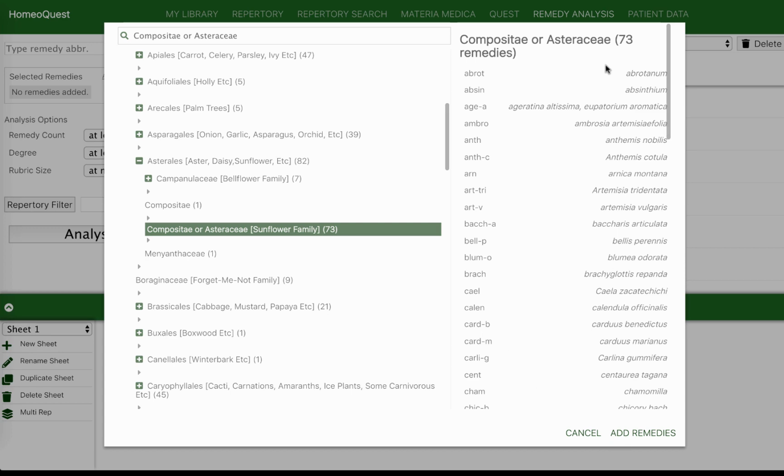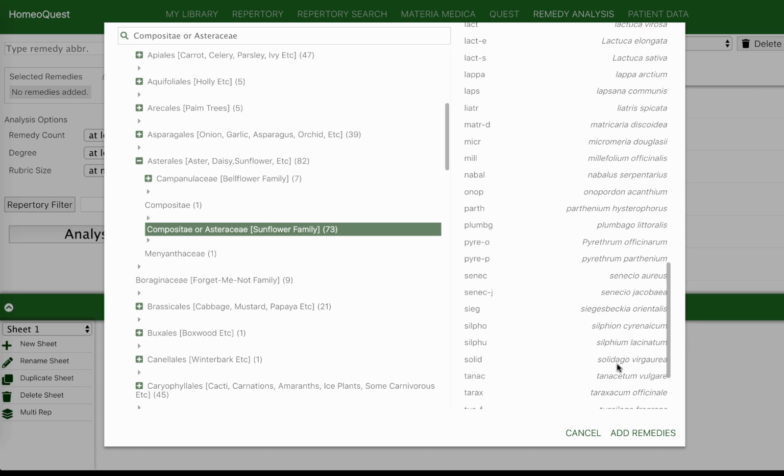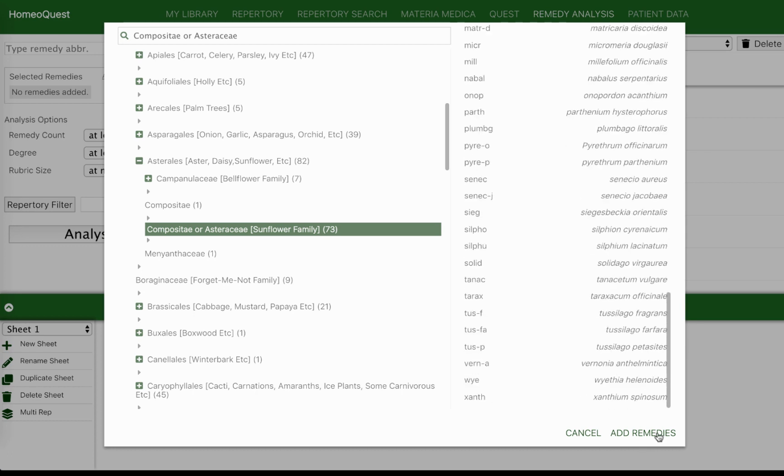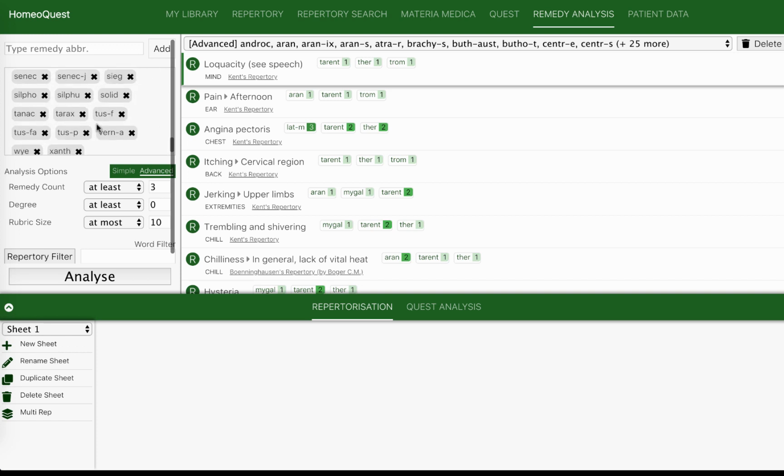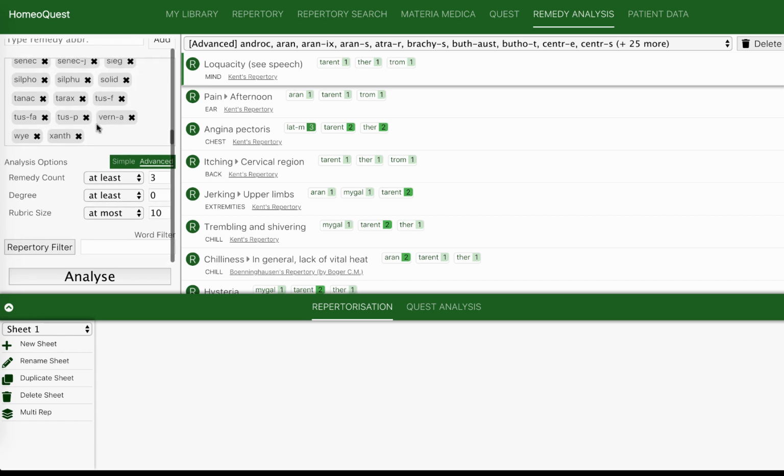So 73 remedies in that family, a big one there. All right, and we add the remedies. So all these remedies are now from the Compositae family. And from this, let's do the remedy count. Because there are so many remedies, let's have a bigger remedy count.